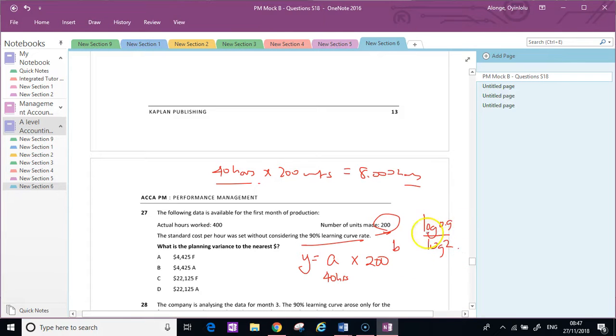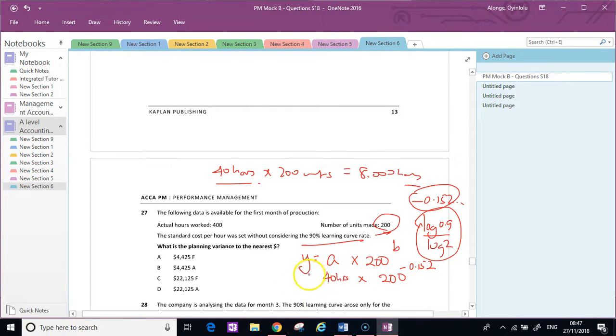I think this comes out to minus 0.152. So I need to do 40 hours times 200 raised to the power of minus 0.152.